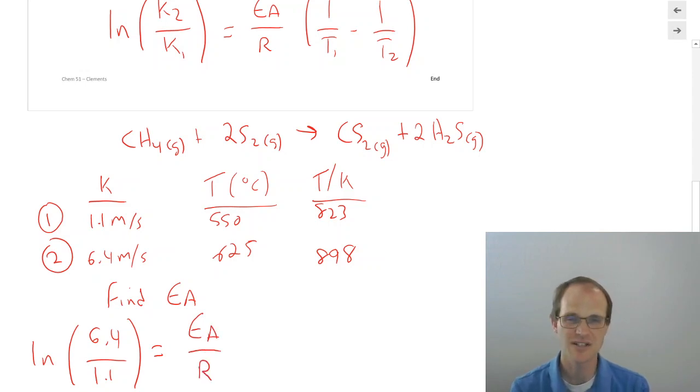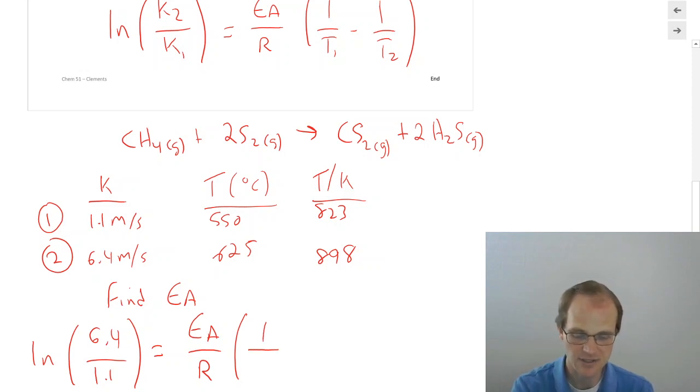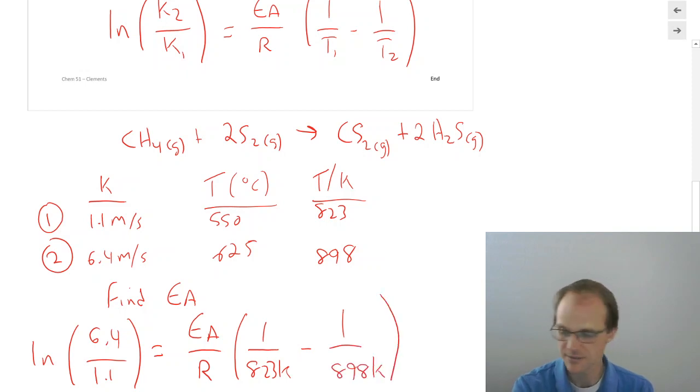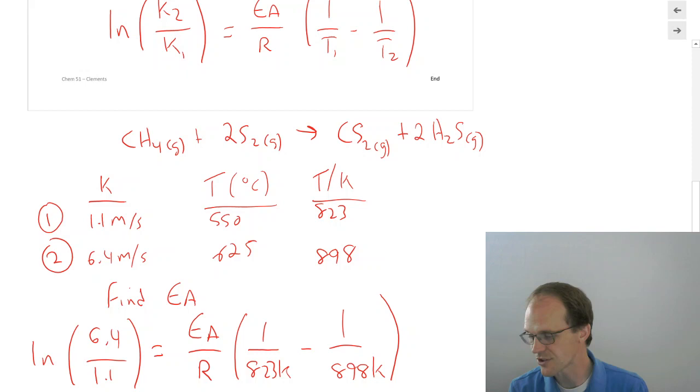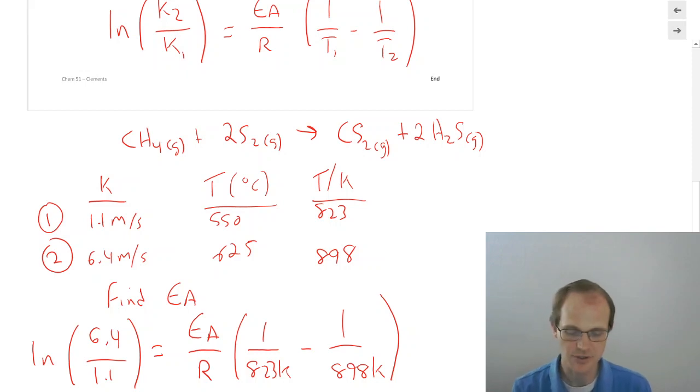I like to leave R as R when I do these and do it towards the end. Just makes my life a little easier. But you are certainly welcome to plug that in earlier if you want. 1 over T1. Again, pay attention to the order. 1 over 823 Kelvin minus 1 over 898 Kelvin. There is some algebra to do there. I assume that you can do that algebra.